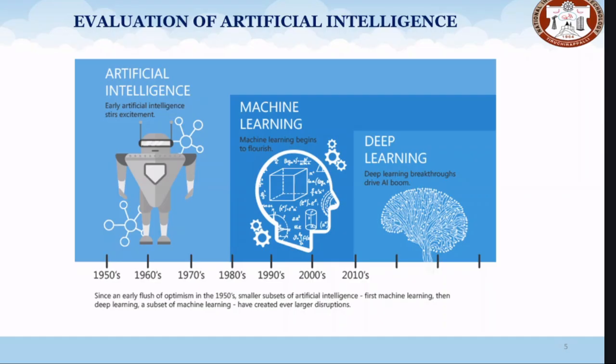Straight away, we'll go for the evolution of artificial intelligence. During the 1950s, the term artificial intelligence was coined by scientist John McCarthy, and thereafter it has spread and grown in different ways, and it has come up with different varieties and different programming languages, Prolog, and various aspects of GPS, etc. Then during the 1980s, machine learning came into the picture.